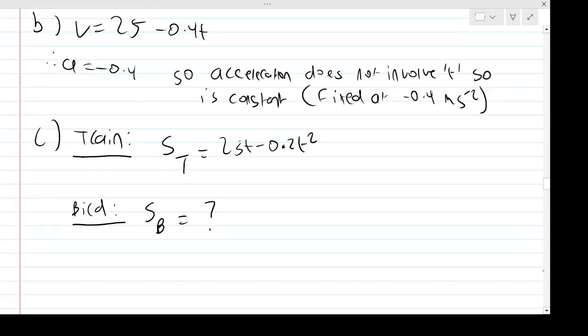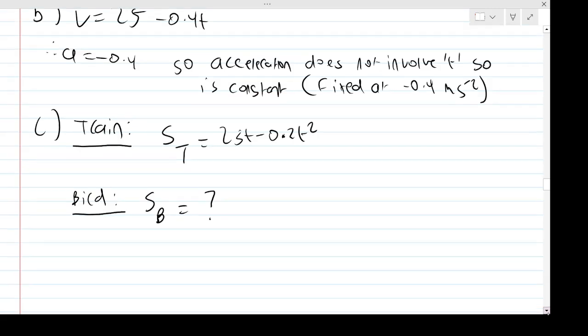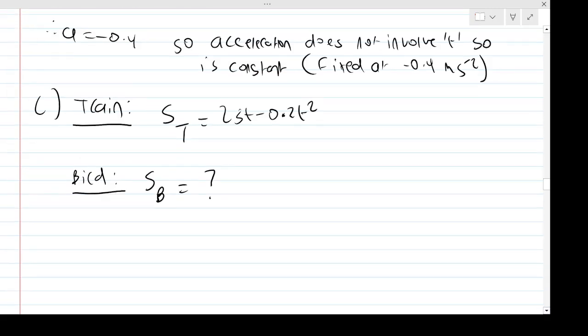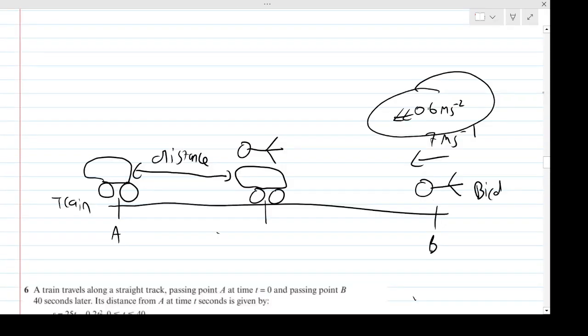Okay, so that means I can start from the acceleration. And hopefully you can start to see how I can get to the displacement. So the acceleration of the bird, well, if I'm treating forwards as positive, the bird is moving backwards. So it's going in the negative direction.